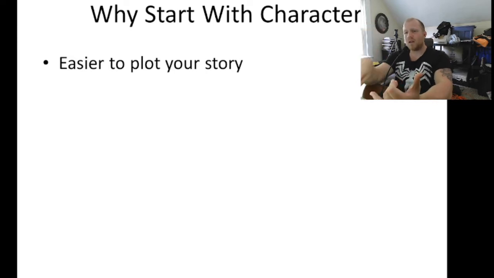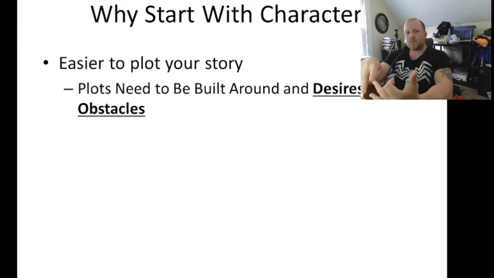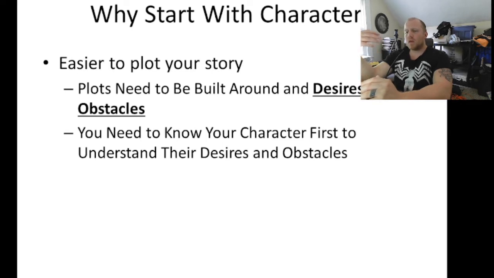If I know my character, if I know their desires and the obstacles that prevent them from getting to those desires, I have a plot. I have the exact story laid out right there. So doing this first makes the process easier. And you need to know your character to understand their desires and their obstacles. That is merely the main idea.